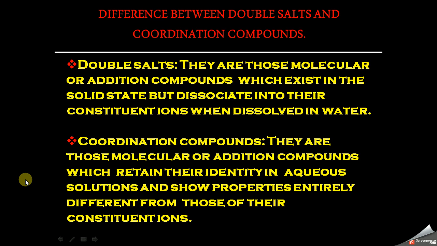Now what is a coordination compound? They are those molecules or addition compounds which retain their identity in aqueous solution and show properties entirely different from those of their constituent ions. So previously, one compound was there, [Fe(CN)6]4-.